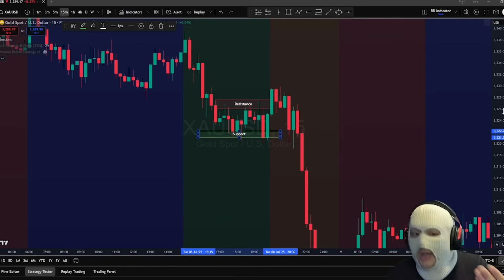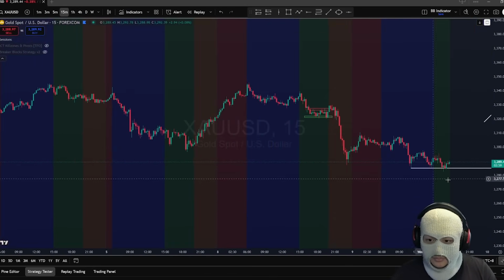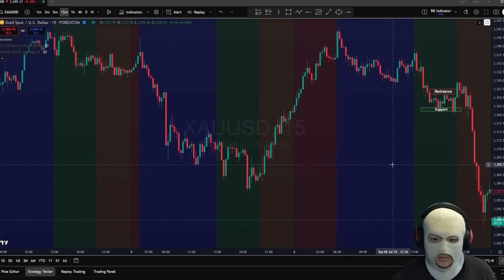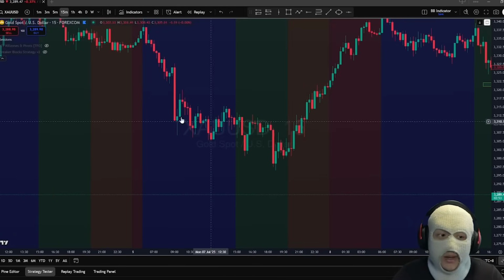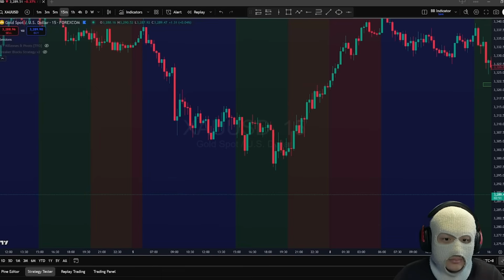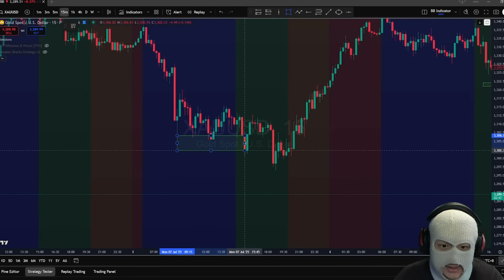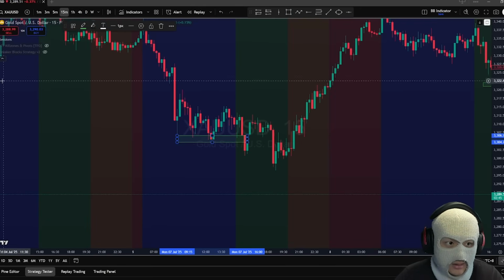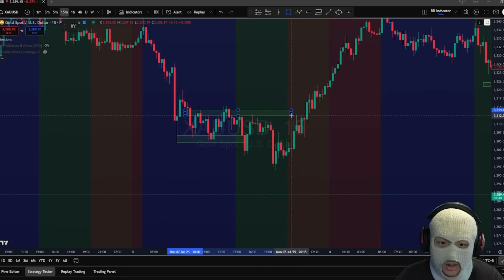Okay, let's look for another example here where we can look for the ranges. Clear. Right over here, London session yesterday. Market here tried to push up higher, correct? The market here gave us multiple different tests coming into London. Here. Again.